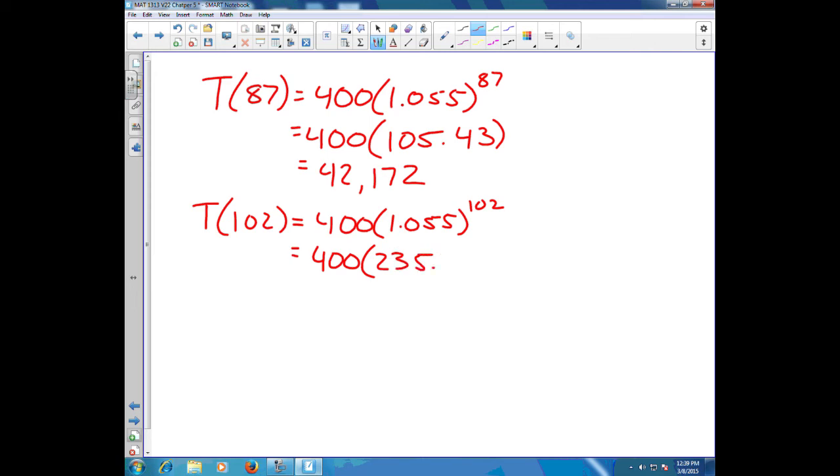That's going to give us 235.37. And then multiply times 400, and you should get 94,148. So we had to calculate the three x values based on the time, but then we were just able to plug it into the equations and solve.